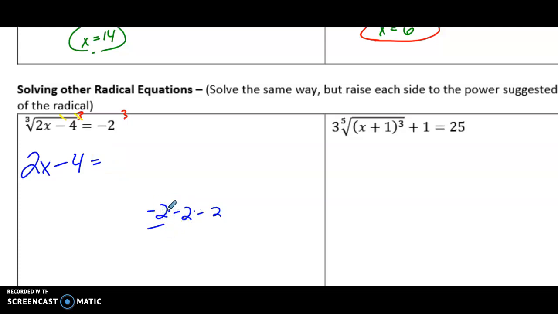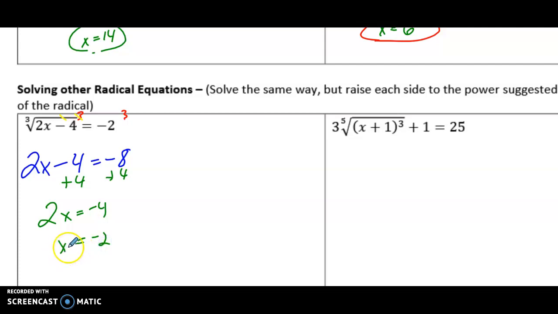What would that be? All right, so negative 8. And then you can solve for x. X equals negative 2.